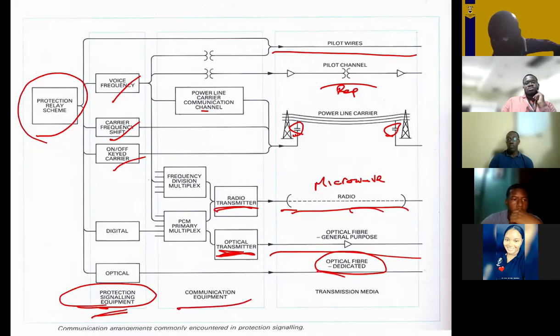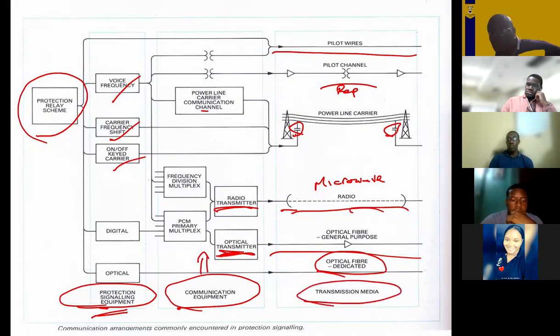And then here is the medium. Right? Communication equipment, and then the equipment, and then the media that you are transmitting with. And then you simply take this and reverse it at the other substation. So you pick up the media, comes into the communication, and then goes back to the protection.